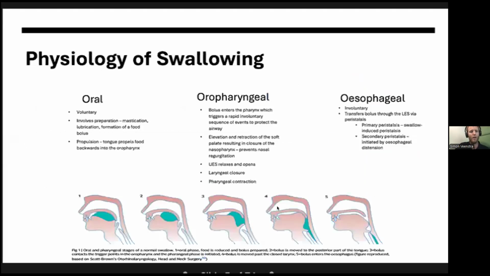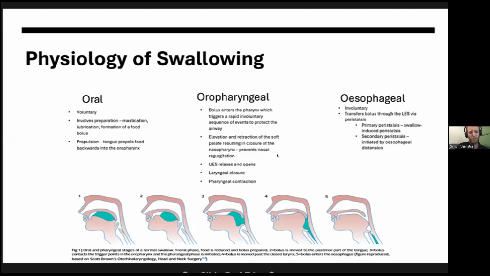Again, I think Musa discussed the phases of swallowing 2 weeks ago, but very briefly, swallowing can be thought of in three separate phases, namely the oral, the oropharyngeal, and the esophageal phase. Oral is really a preparatory phase where the food bolus is lubricated and broken down in preparation for the swallowing process.